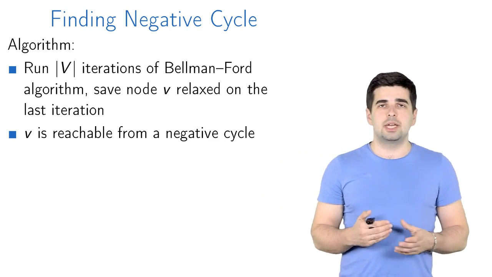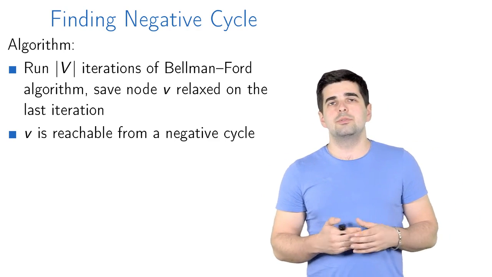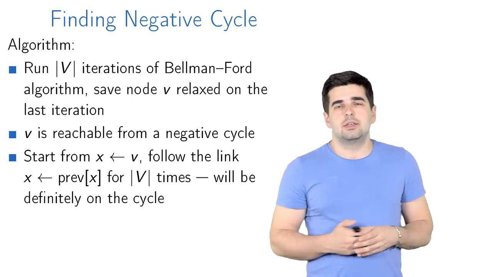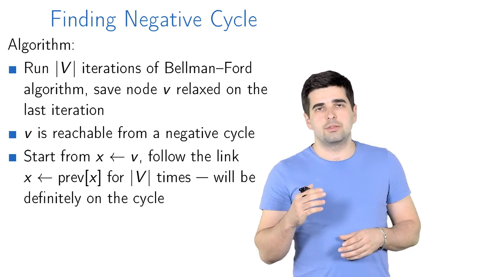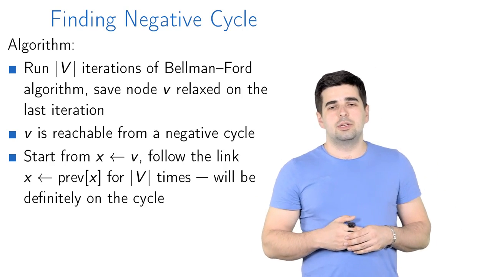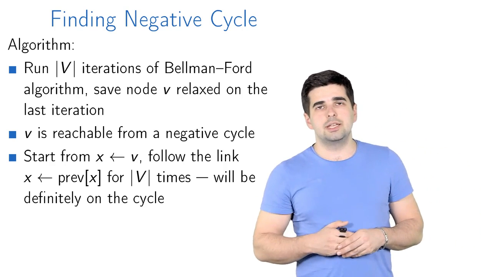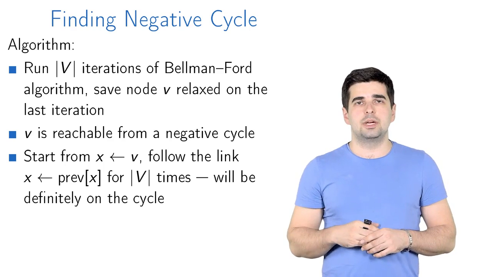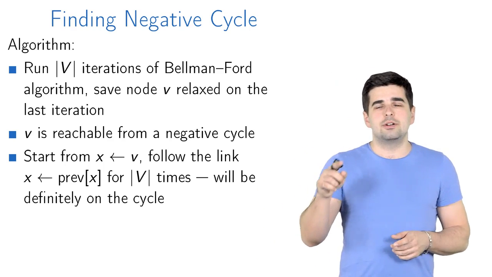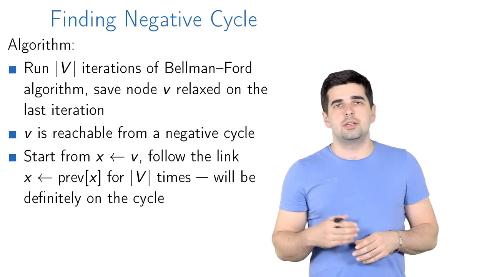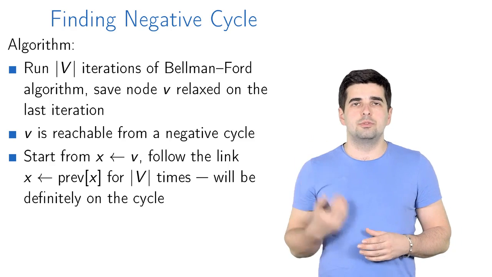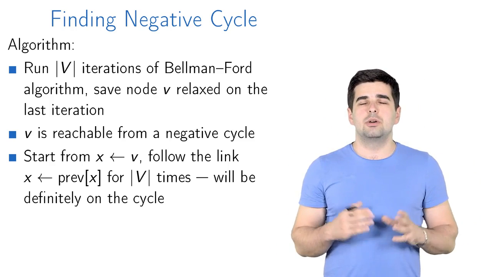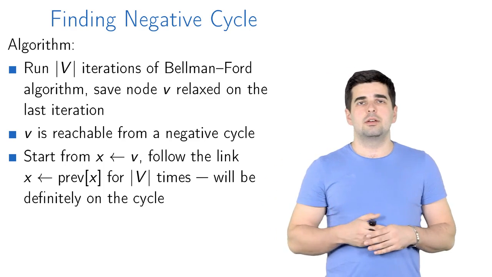So it is reachable from a negative cycle, and also it is reachable from a negative cycle with at most v steps, because if you have a shortest path from S to v which contains a negative cycle inside, even if there are more than v edges from this negative weight cycle to v, then there is another cycle on this shortest path, and it also has to be negative, because otherwise we can remove it from the shortest path. So v is definitely reachable from a negative cycle with at most v steps.